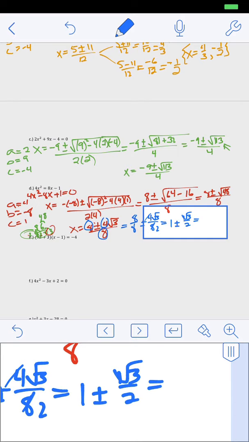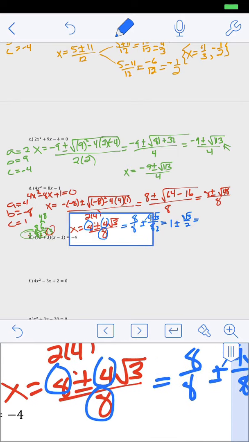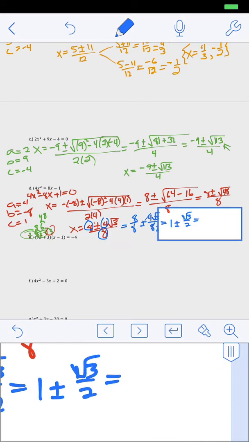If I wanted to keep it as one fraction, though, I could just factor out the common factor. So I'd end up with 2 plus root 3 over 4.